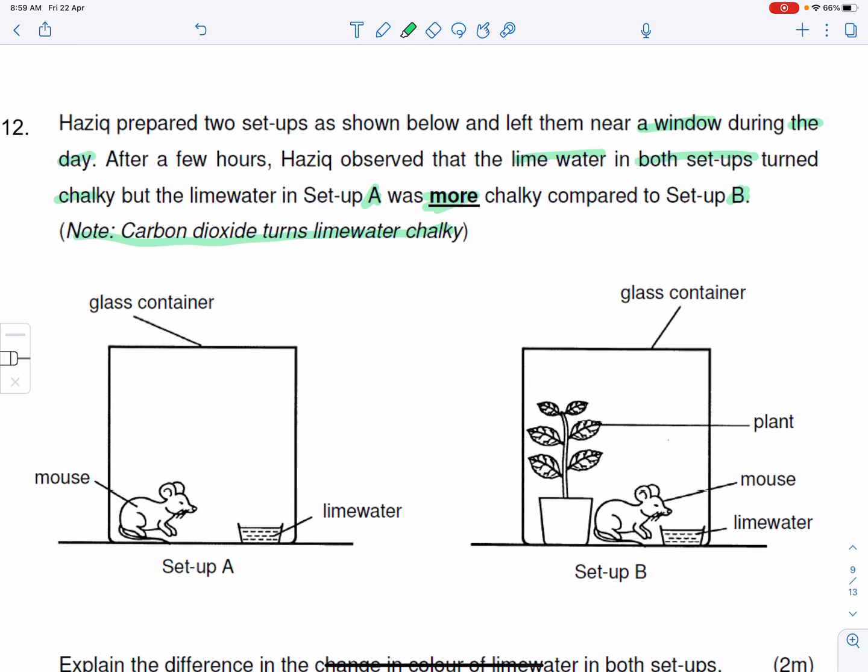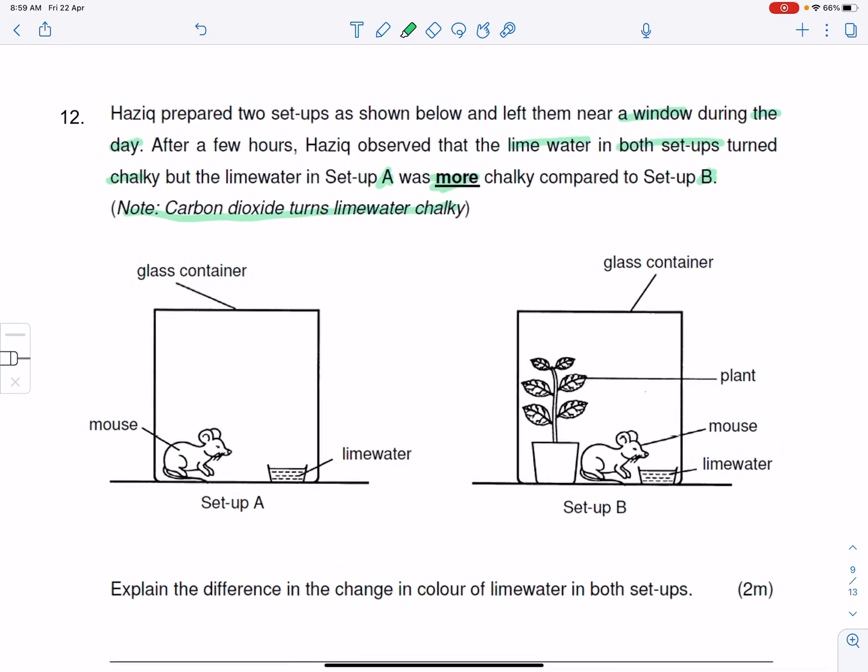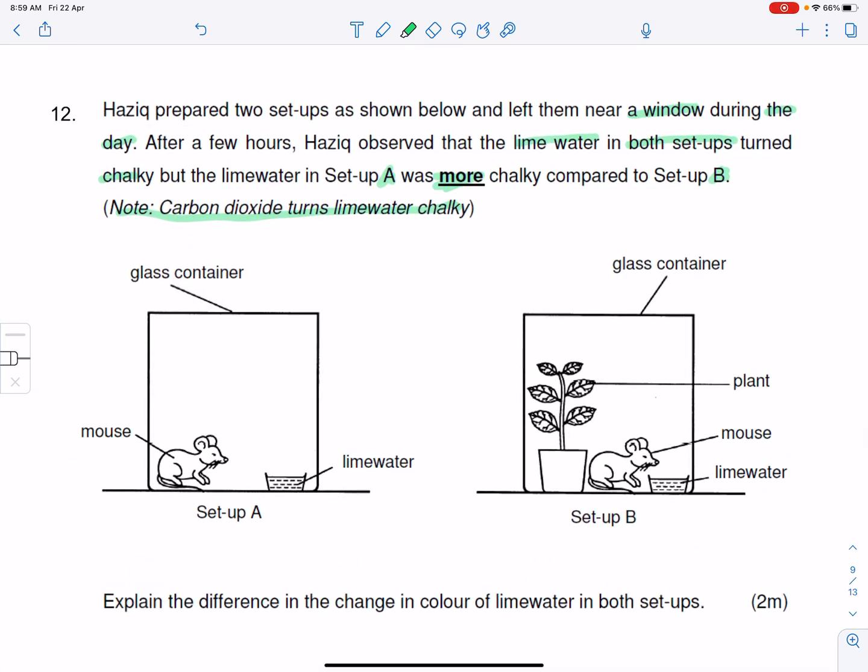Now, whenever we have an experiment, we always ask ourselves two questions. What is the change variable and what is the measured variable? So the change variable would be the presence of your plants, correct? Presence and absence of your plant. So you ask yourself, with a plant, what can a plant do that the other one could not?